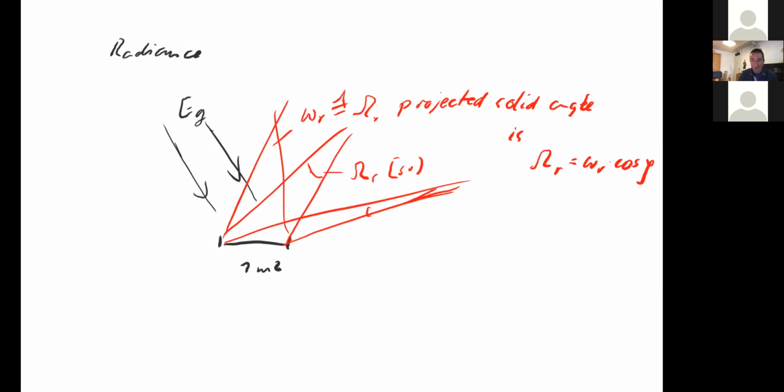For instance, if you look at something bright from the side with a constant omega r, if you have a certain solid angle and you look at the same surface from the side with the same solid angle, you get a larger surface on the ground.